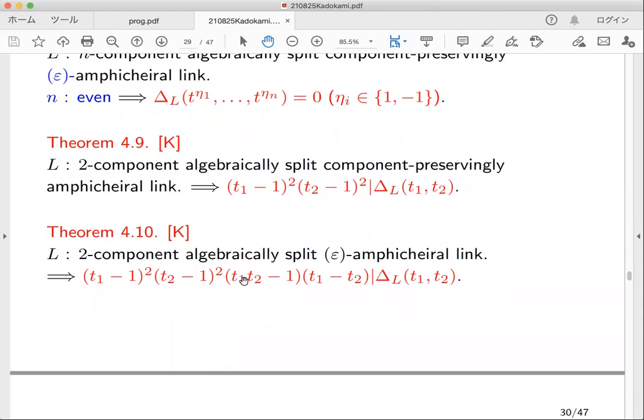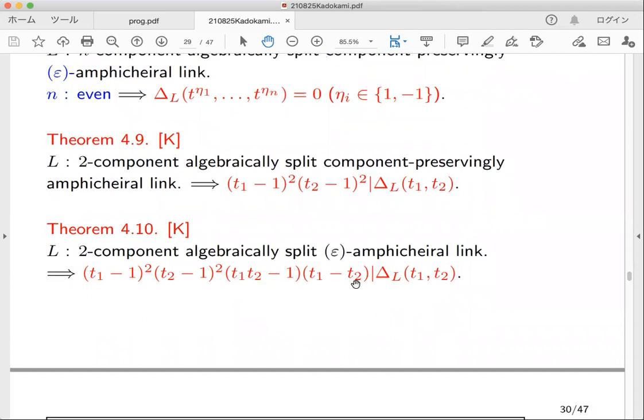Theorem 4.10. If L is a two-component algebraically split epsilon Amphicheiral link, then the two-variable Alexander polynomial of L is divisible by (t1 minus 1) squared, (t2 minus 1) squared, (t1 t2 minus 1) times (t1 minus t2).